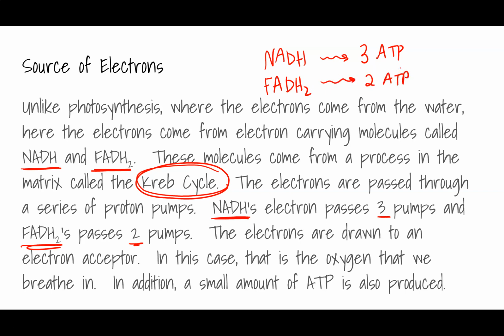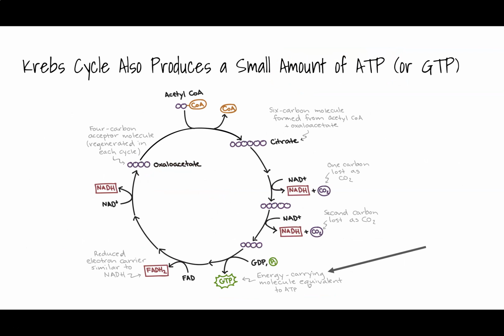Now you're going to see in the Krebs cycle coming up, you make a lot of NADH. So there's a lot of ATP being made here. Now, in the Krebs cycle, they do make a tiny bit of ATP, but the bigger deal is this NADH and FADH2. So there's our friend Krebs cycle. It's also known as the citric acid cycle, which you may see.